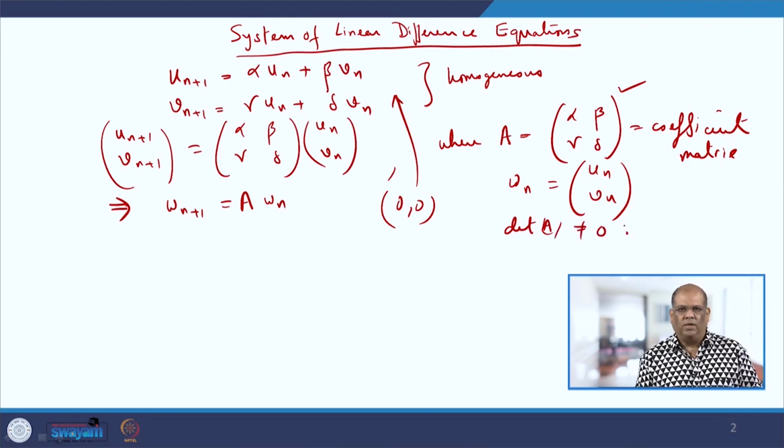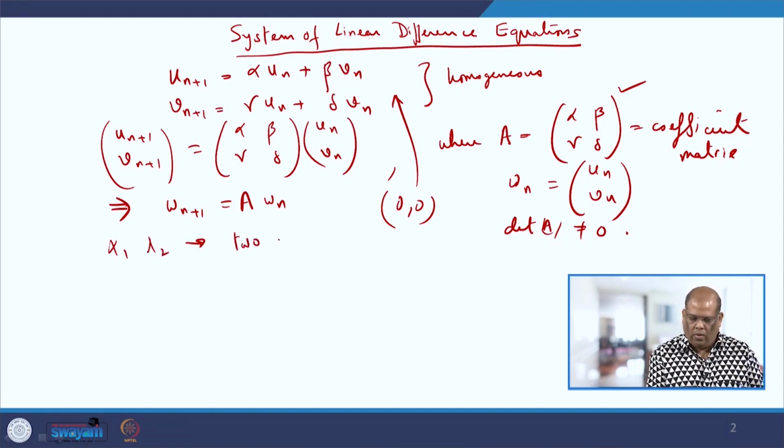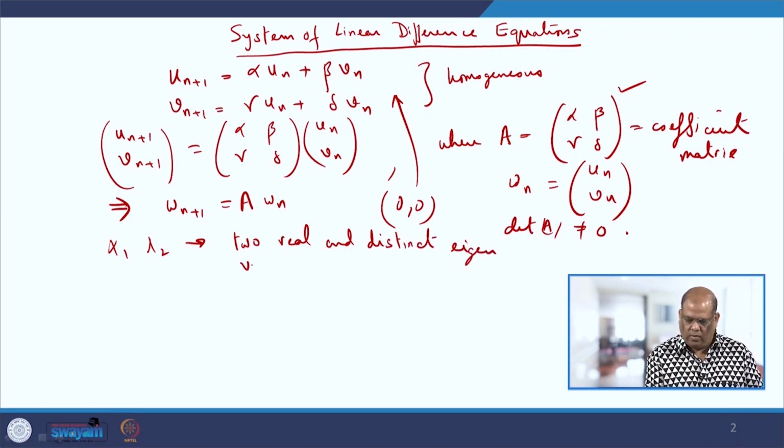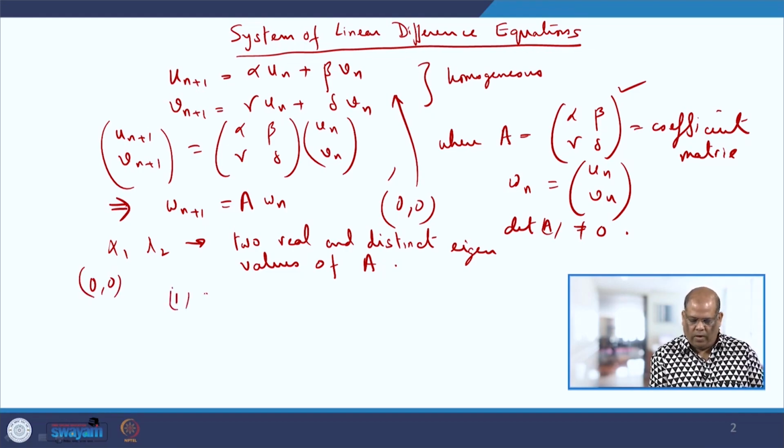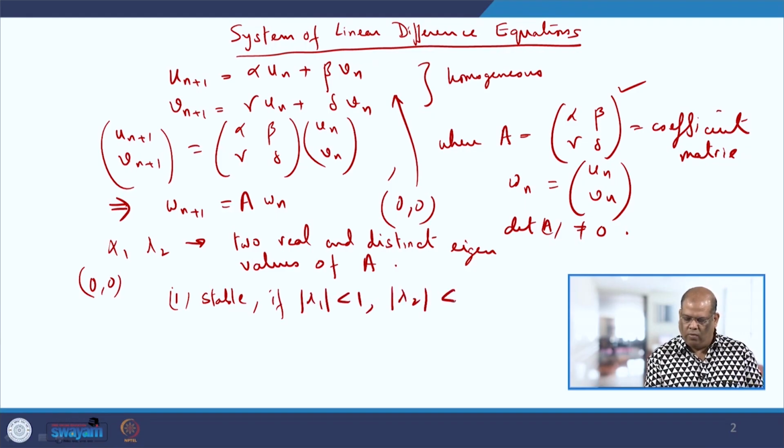So, now for the stability, I state the theorem which says that if lambda 1 and lambda 2 are two real and distinct eigenvalues of the coefficient matrix A, then your equilibrium point 0 0 will be stable if mod of lambda 1 is less than 1 and mod of lambda 2 is less than 1.